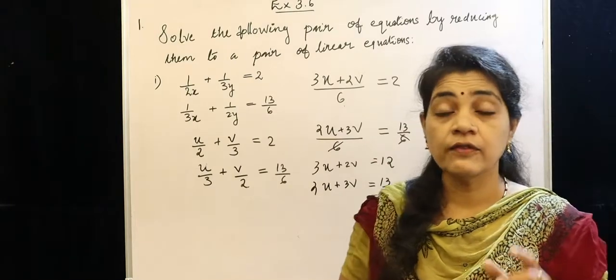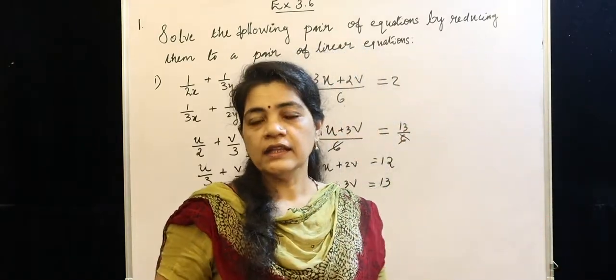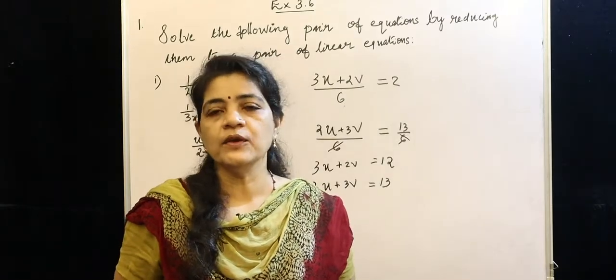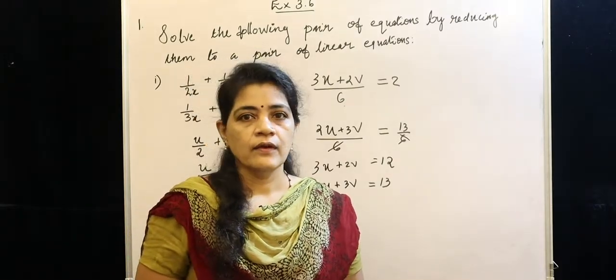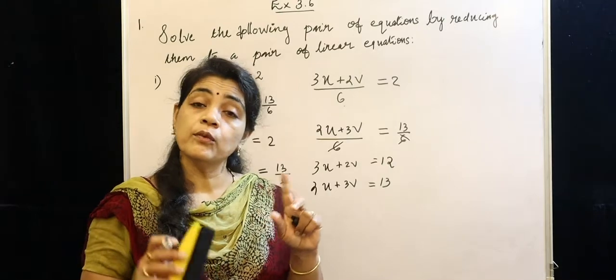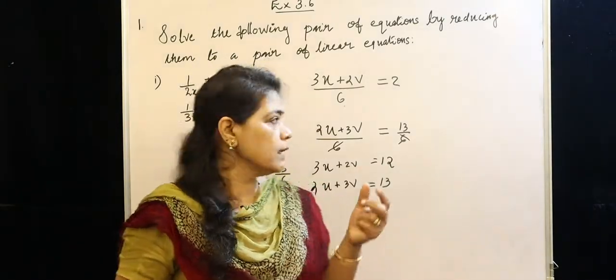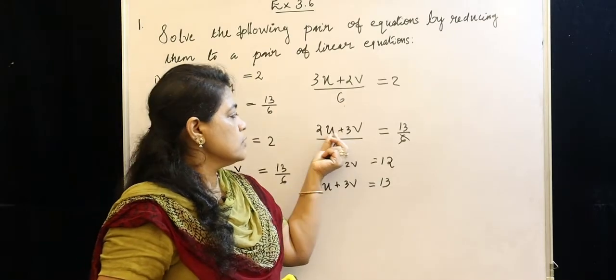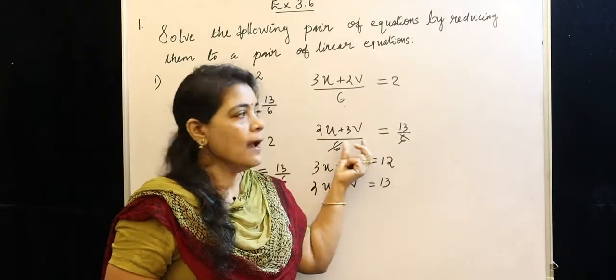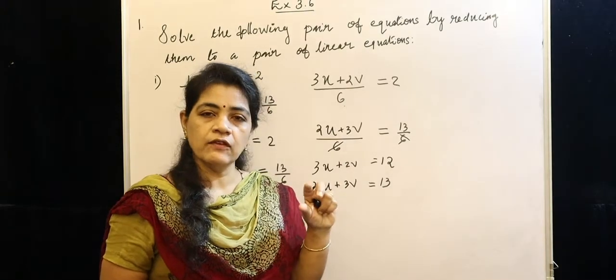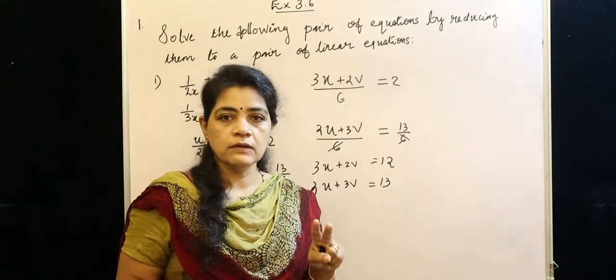It is clear. This is very, very important. If anything is common in the LHS and RHS part, you can reduce them. This is only possible when LHS and RHS each have only one term. Here, 2u plus 3v by 6 is a single fraction. Even if the numerator has two terms, that doesn't matter.